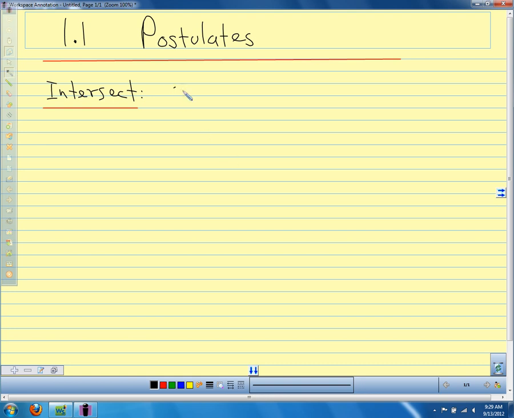When they cross. Jordan? Like an intersection on the road, the two roads coming together. So coming together, or they meet. Any other words that we think of when we think of intersection or intersect? Cross, meet, come together.